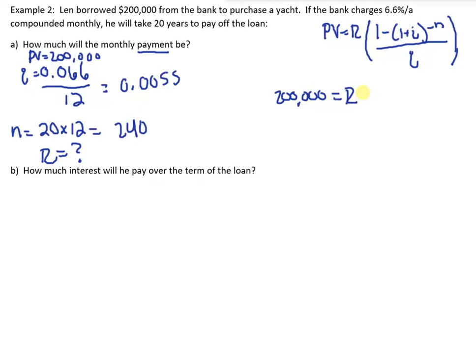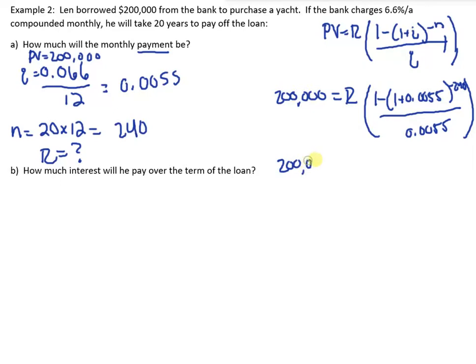We don't know the R, so we're going to solve for the entire bracket here, and then divide both sides by it. To the minus n, negative 240, and then we're going to divide by I, and I is 0.0055. I'm going to put this entire top in: 1 minus bracket 1.0055 bracket to the exponent negative 240.